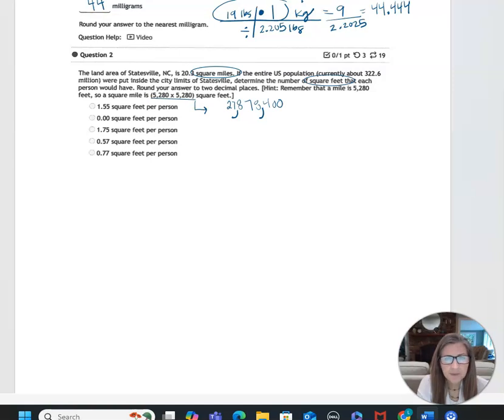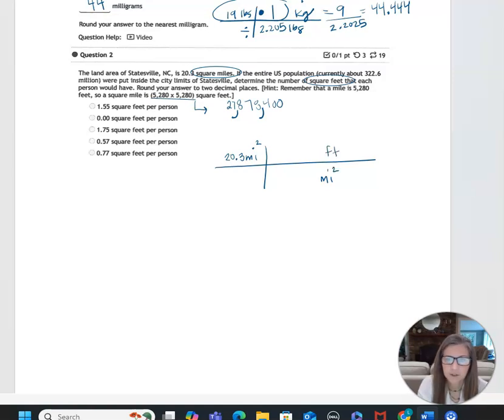So let me go back. We've got 20.3 miles squared, and we want to convert that to feet squared. Now remember, miles squared on the top would cancel with miles squared on the bottom.